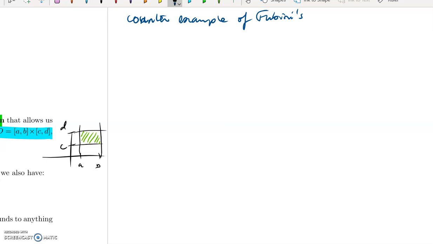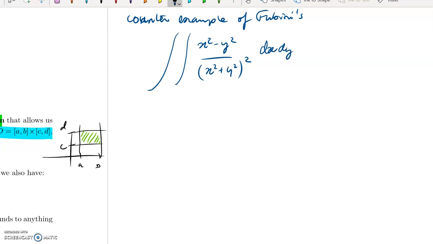Let's work with the function (x² − y²) divided by (x² + y²) squared, and let's perform this integration, dx dy, on a nice square between -1 and 1. That's the nicest square you could expect: -1, 1, -1, 1.